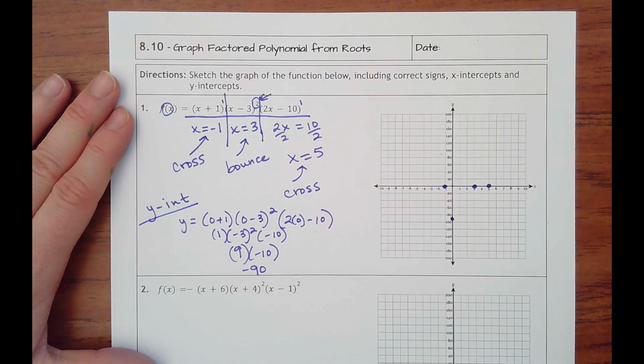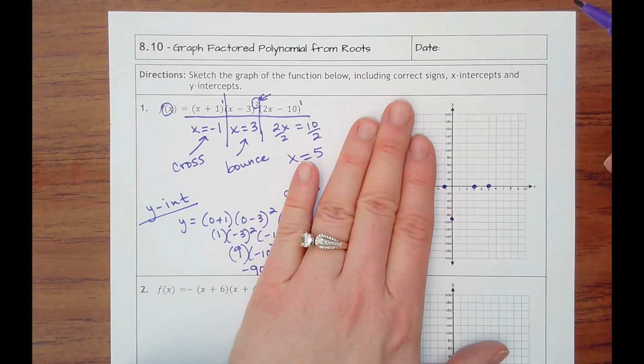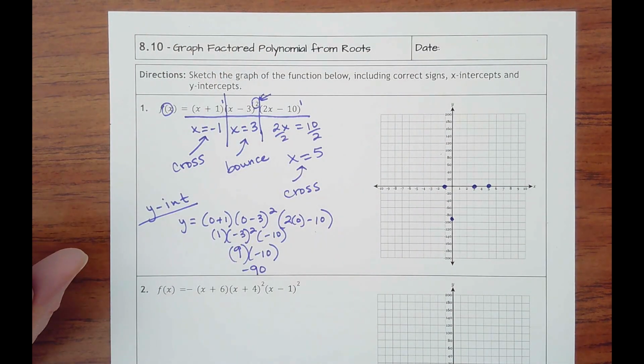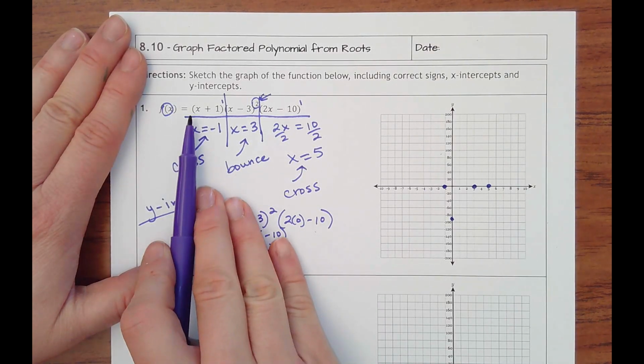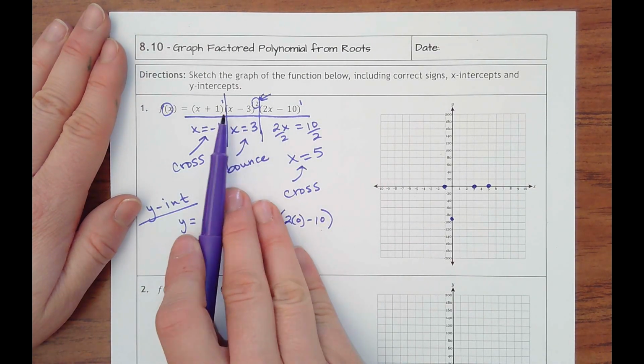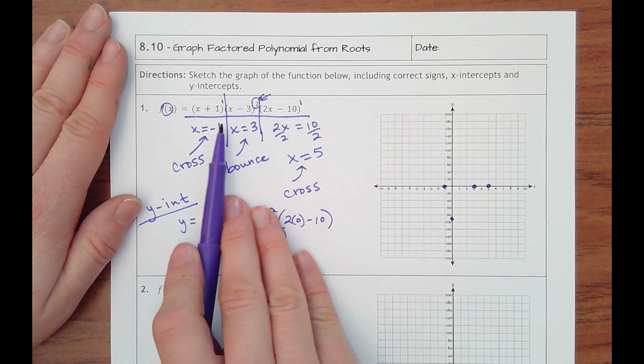Now, what I really should be teaching you is figuring out, in this region, whether the y value is going to be positive or negative. But I'm going to show you the shortcut using what we've learned from the last lesson with end behavior. If I were to multiply all this out, which would not be fun, I'd have to square this, take it times this, take it times this. That would take forever.